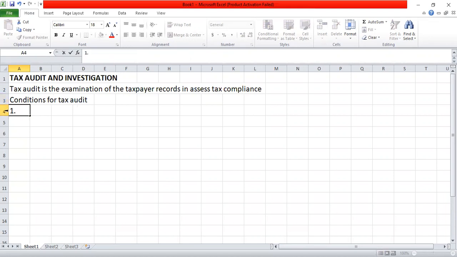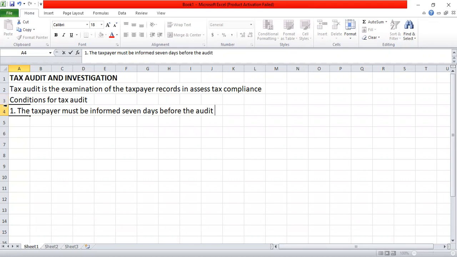Condition number one, the taxpayer must be informed seven days before the audit is conducted.